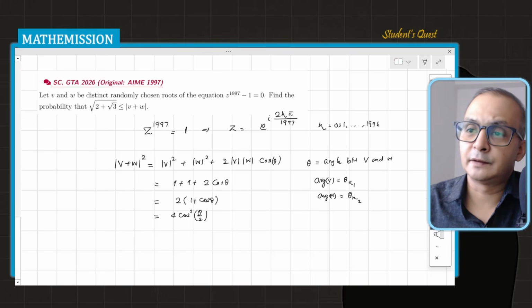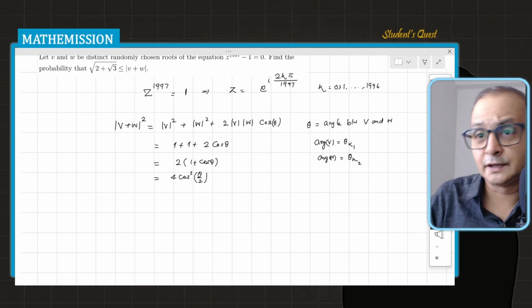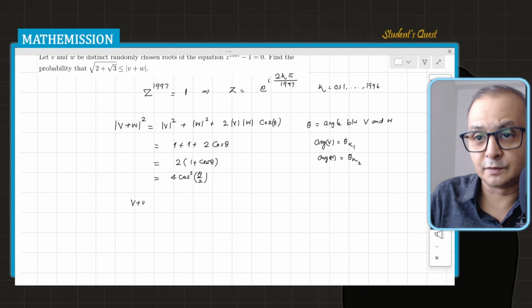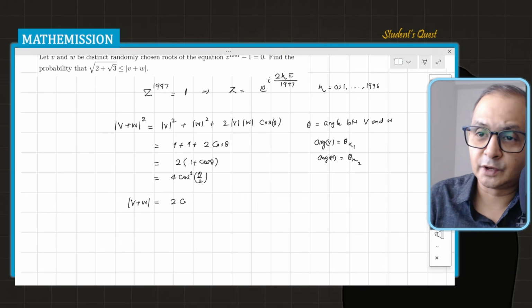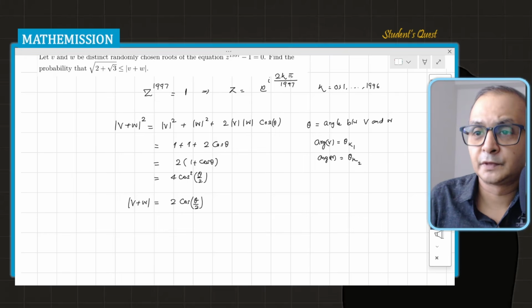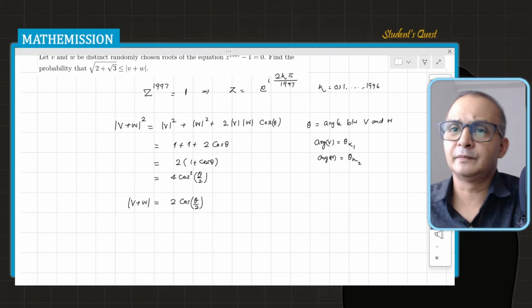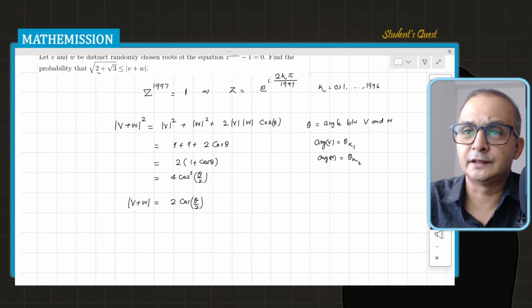Now we take the square root on both sides, so mod of v plus w can be written as 2 times cos of theta by 2.